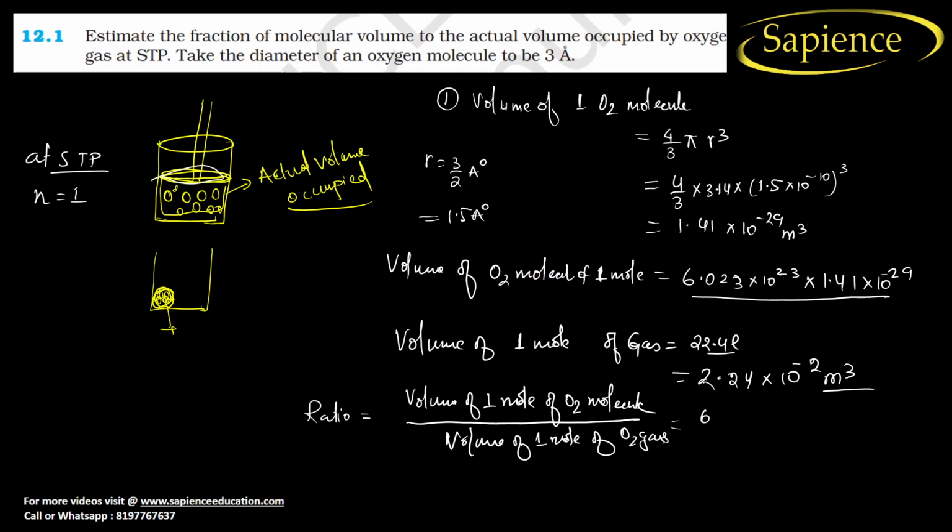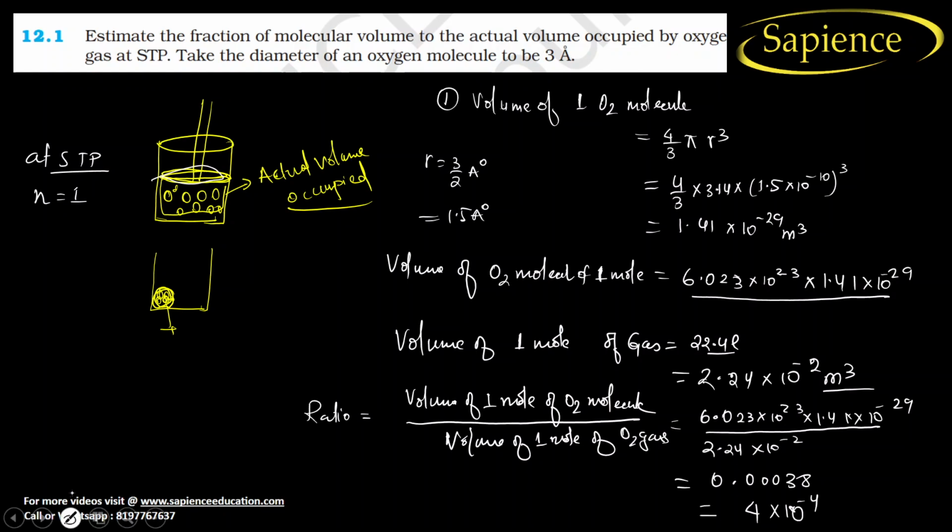So it is 6.023 into 10 to the power 23 into 1.41 into 10 to the power minus 29, divided by 2.24 into 10 to the power minus 2 meter cube. When I calculate it, we will get approximately 0.00038, or approximately 4 into 10 to the power minus 4. So this is the required result for our ratio.